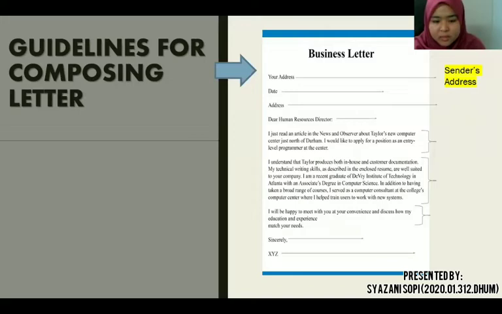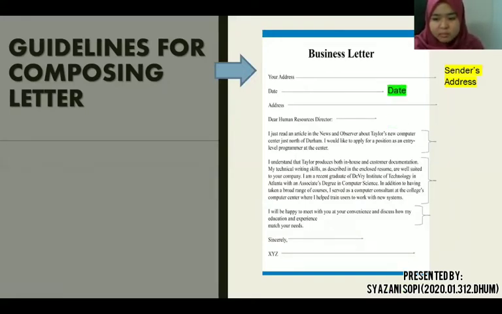If you are not using a letterhead, include the sender address at the top of the letter on one line above the date. Do not write the sender's name or title, as it is included in the letter's closing. Include only the street address, city and zip code.